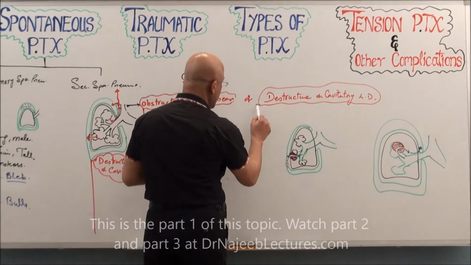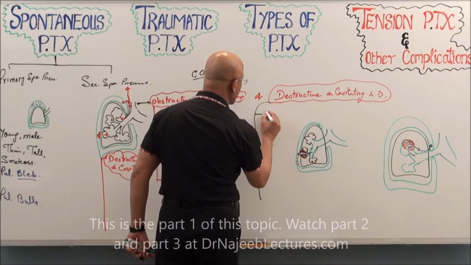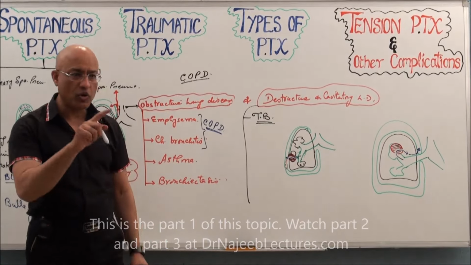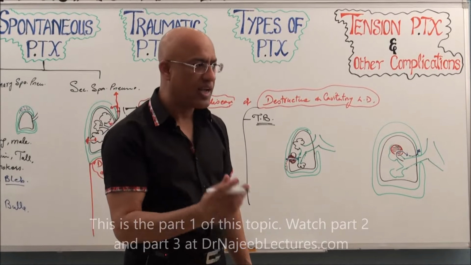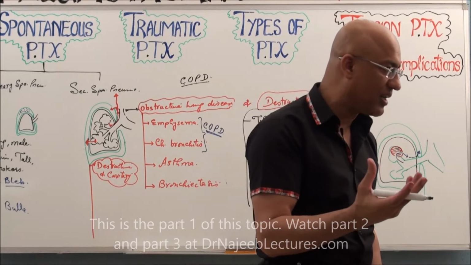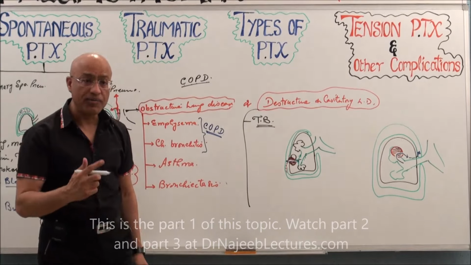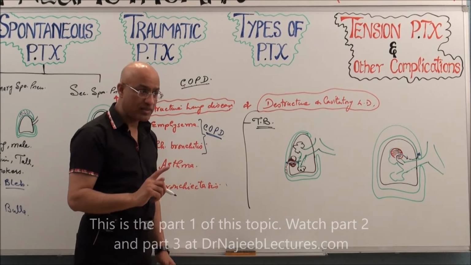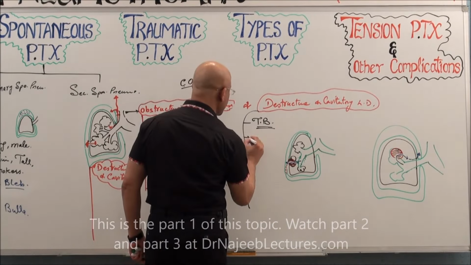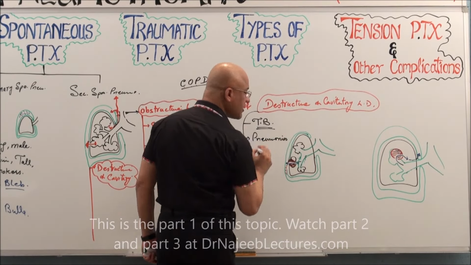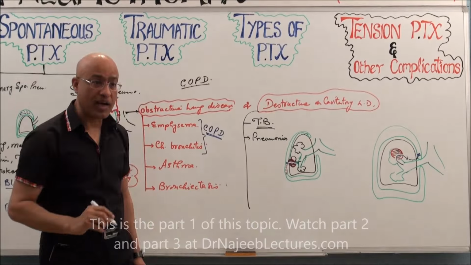Of course, at the top, I would love to put tuberculosis, because tuberculosis not only produces caseous necrosis, but it also produces cavitary lesions. So in a patient with tuberculosis, there is a risk of pneumothorax. Then suppurative pneumonias. Pneumonias are infections of the lung parenchyma.